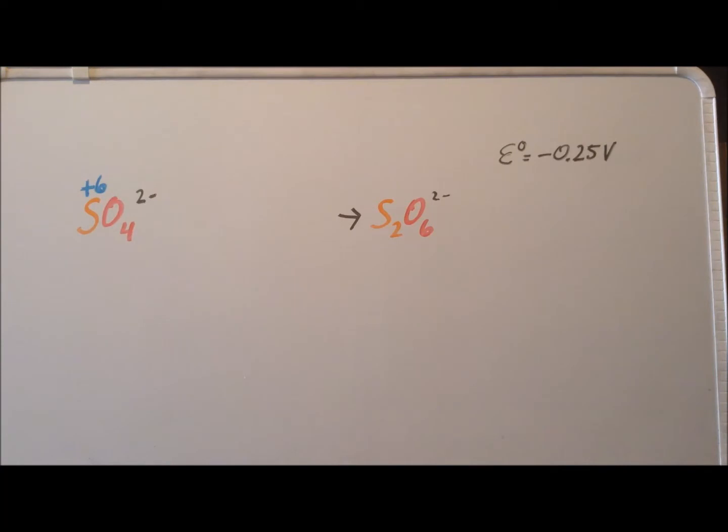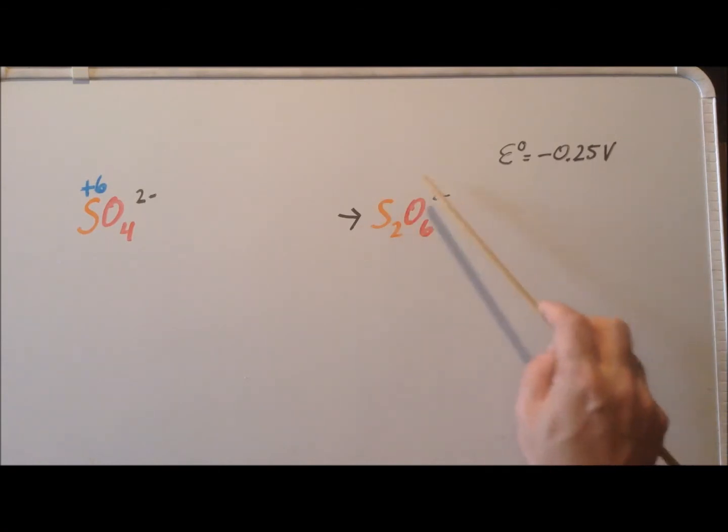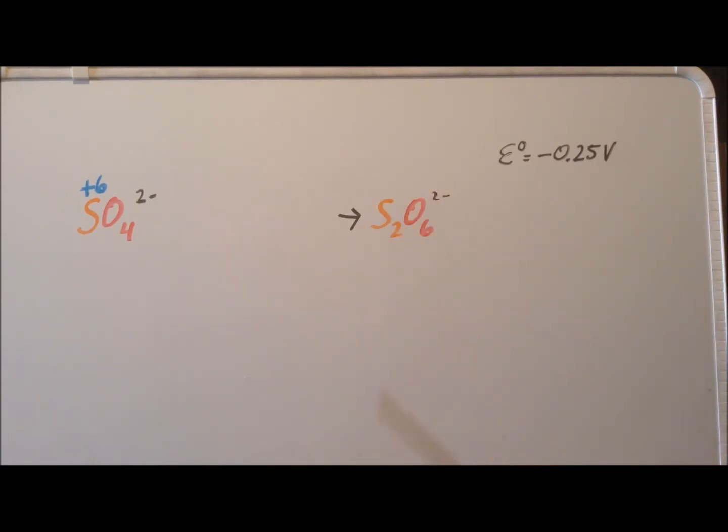On the other hand, in dithionate ion, we have 6 oxygen atoms, each of which has an oxidation number of minus 2. So that gives us minus 12 for all the oxygens taken together. Since the sum of everything has to equal minus 2, the only way that is possible is if the sulfurs altogether count as positive 10, because 10 minus 12 equals minus 2.